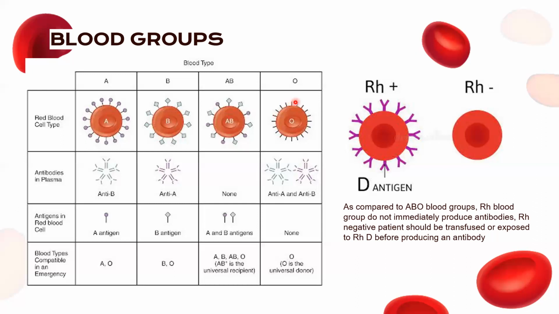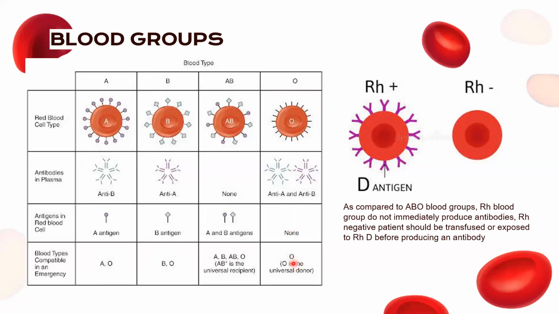For blood type O, you could see there is no antigen found in the RBC. If you would notice, for blood types A, B, and AB, and including O, we can donate O, because in the RBC, it has no antigen.